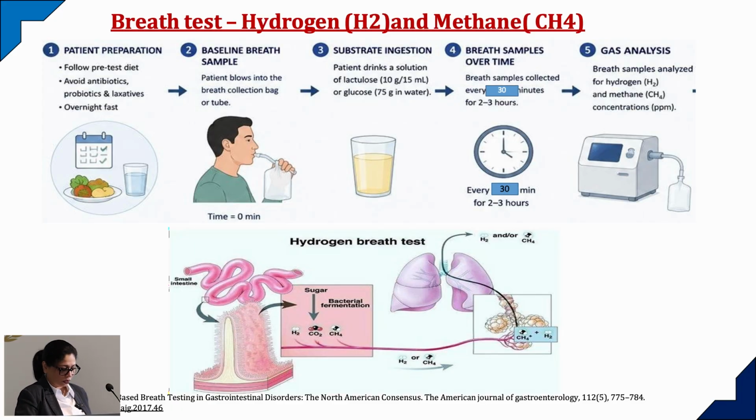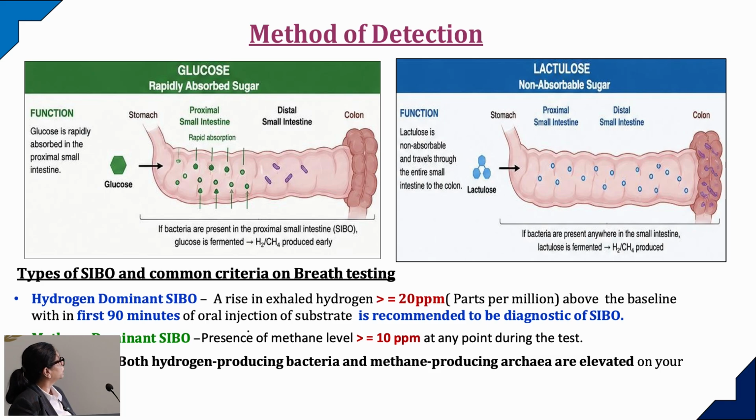Method of detection. I told you there are 2 methods of detection, either glucose or lactulose. Glucose is rapidly absorbed in the small intestine. It is a simple sugar, a monosaccharide, that's why it can be absorbed, and it is transported using the sodium glucose transporter.